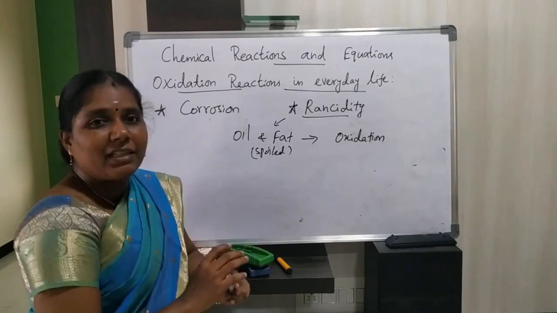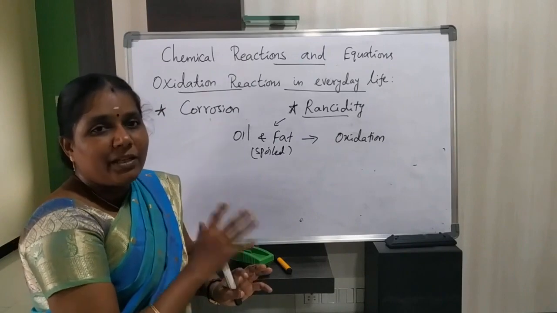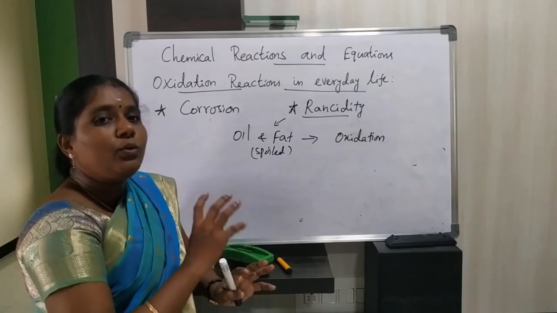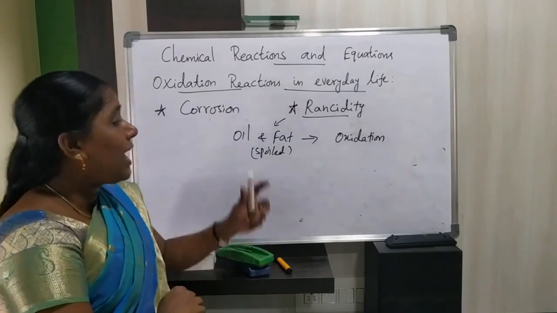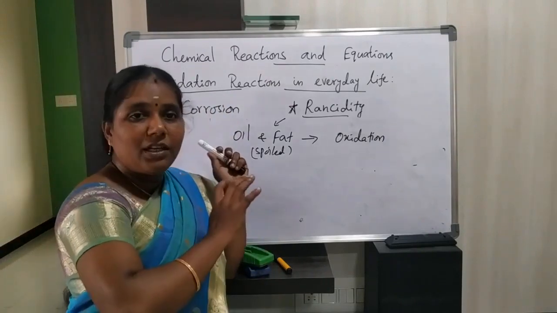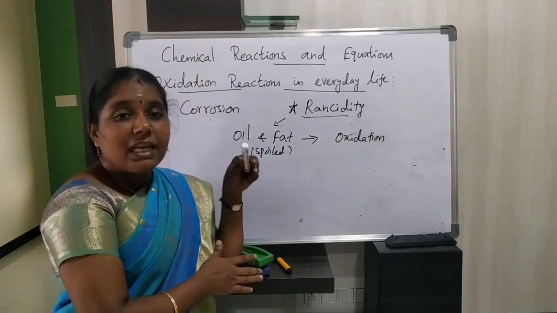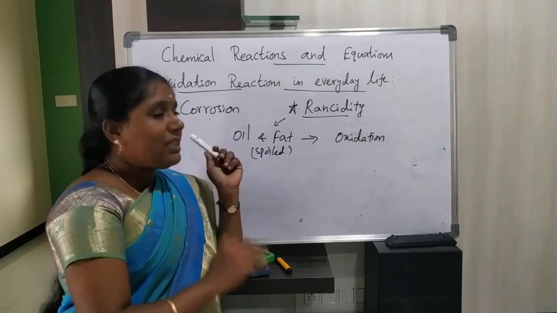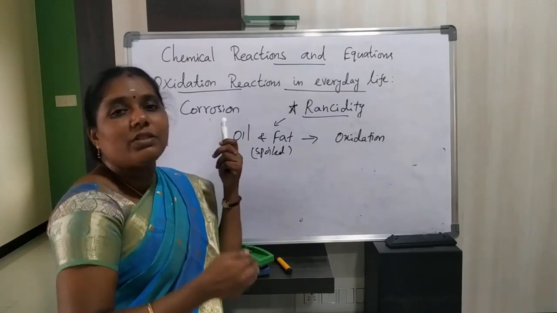Because some food items and medicine items we need to store in such conditions. Same like this, oil and fatty food items we generally need to store away from sunlight. This also prevents these food items from rancidity. This will reduce the rancidity.